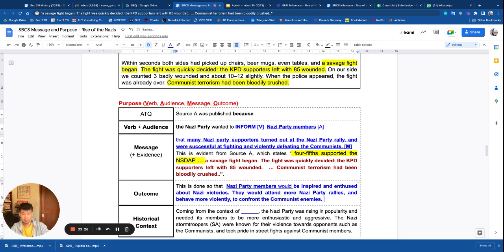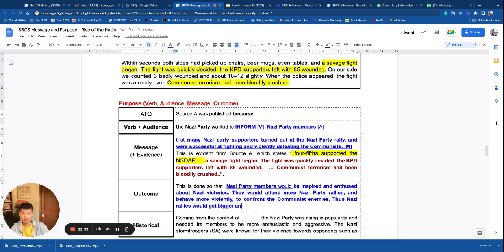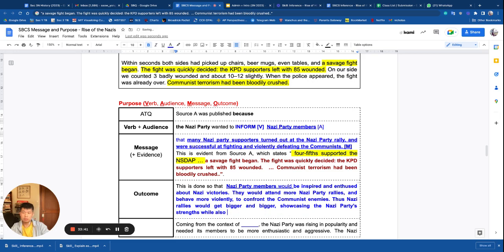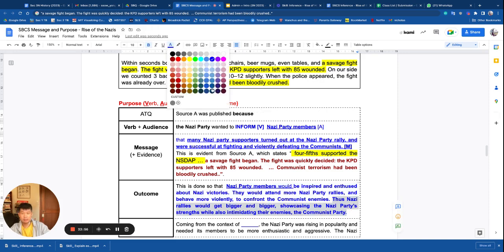So now this is the audience action. Now I'm going to go to a result. What's the result? Thus, Nazi rallies would get bigger and bigger, showcasing the Nazi party strengths while also intimidating their enemies, the Communist Party. So see here, this is an action and this is a final result.